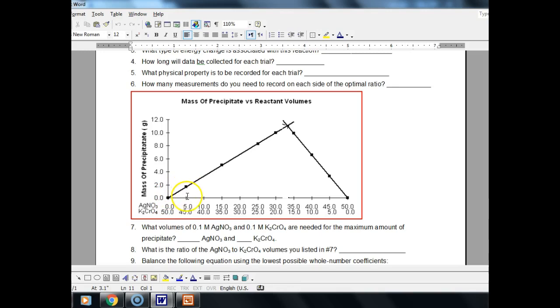And then as we went up, we went to 5 to 45, so we had less silver nitrate, and we had a smaller mass of precipitate, and we kept going up. And then when we finally came back down, now we see the silver nitrate is dramatically increasing, while the potassium chromate is decreasing. So on this graph, silver nitrate would have been the limiting reactant going up, and potassium chromate would have been the limiting reactant going down.